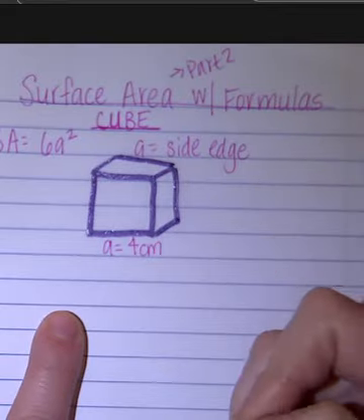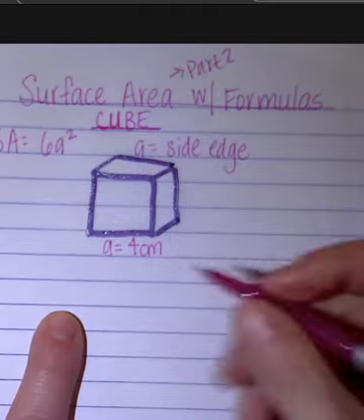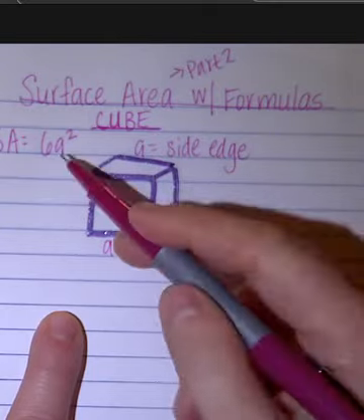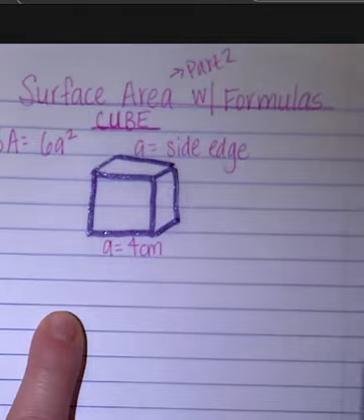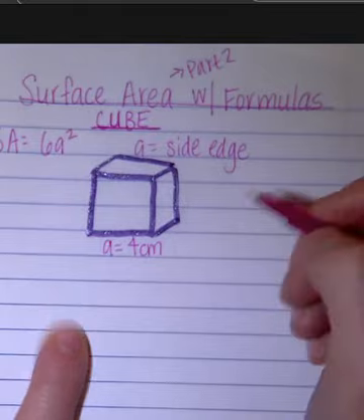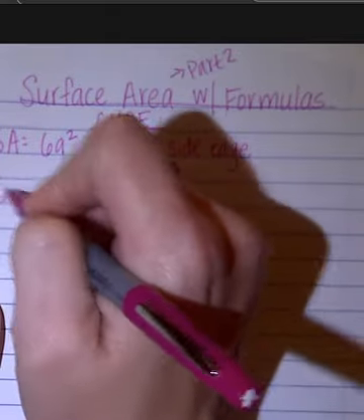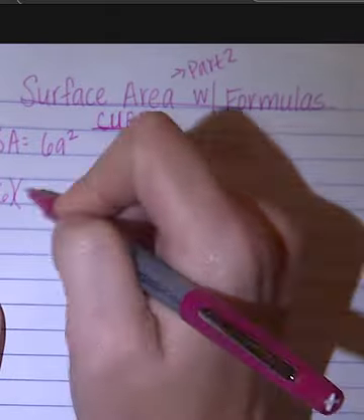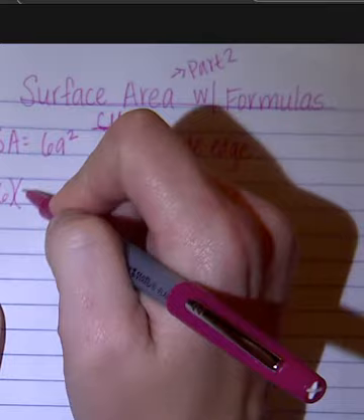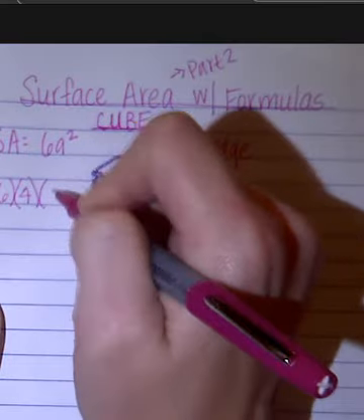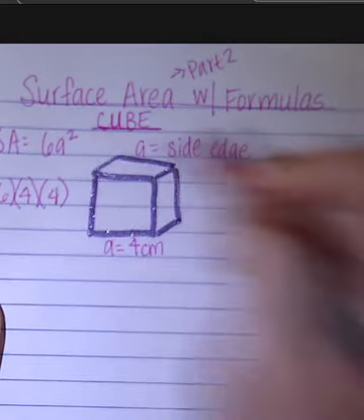Okay, so you should be able to plug that number into the formula and solve. So if I did that over here, it would be SA, surface area, equals 6 times A, which is 4, and then times 4 again, because 4 times 4 is A squared.